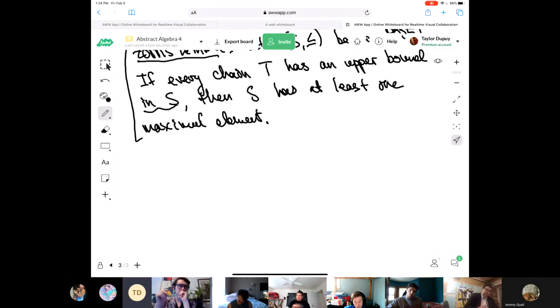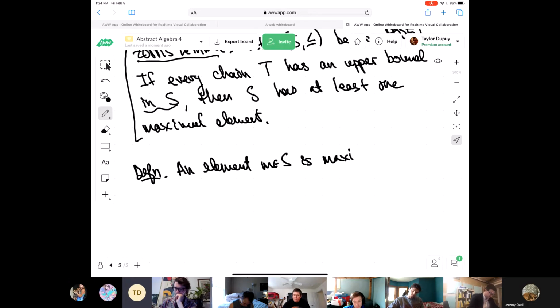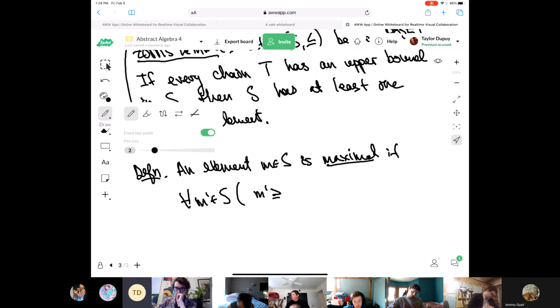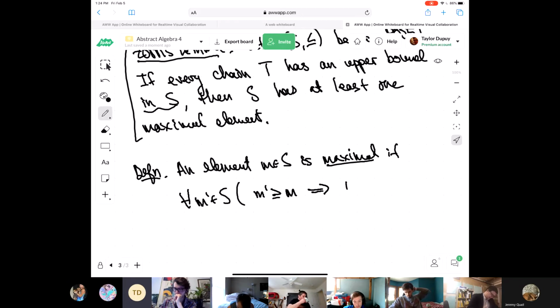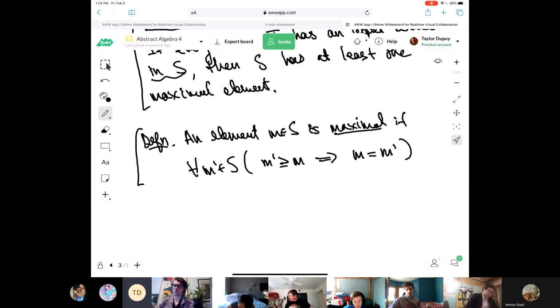An element M in S is maximal if whenever you have some other thing that is bigger than it, it must be equal to M. So if you have something that's bigger, then it's got to be equal to it.